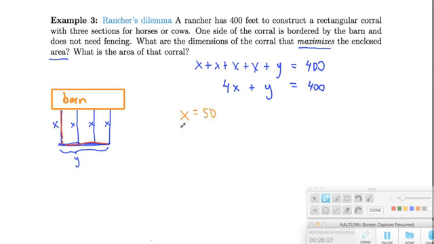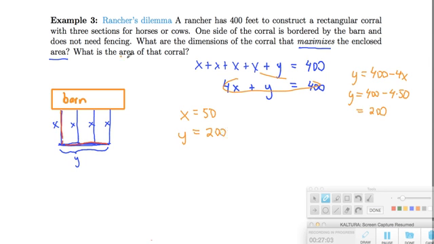But remember, we also need to know the dimension on the other side. Y is going to be 400 minus 4 times x, because if you solve this for y, you get y equals 400 minus 4 times x. Now, if our x is 50, then that means that y is 200. So the y value is 200.